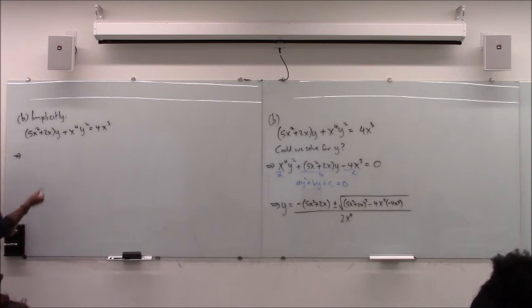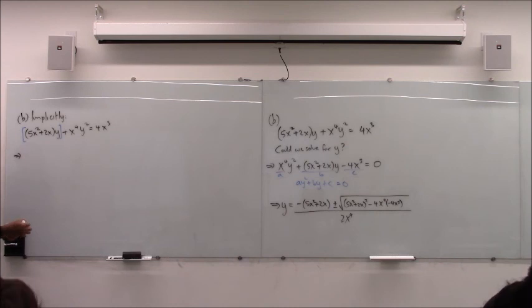So we're going to differentiate one term at a time. The first one is this. How do you differentiate that? Yeah? Product rule? Right, so what is that going to look like?